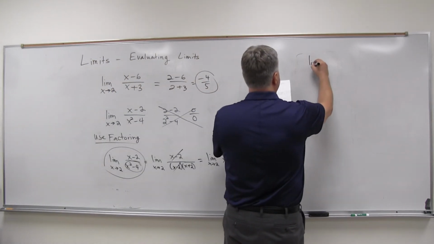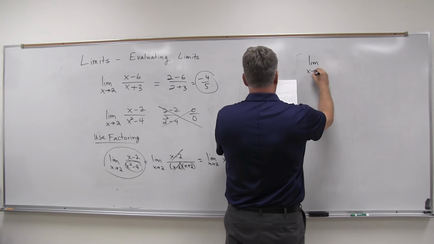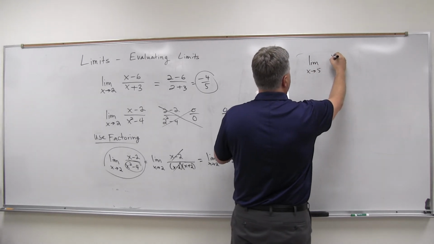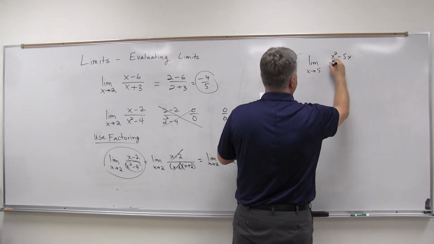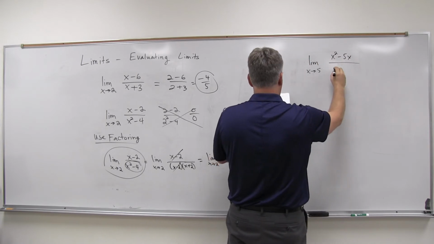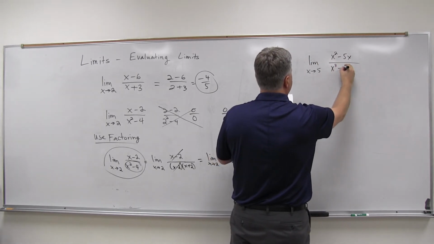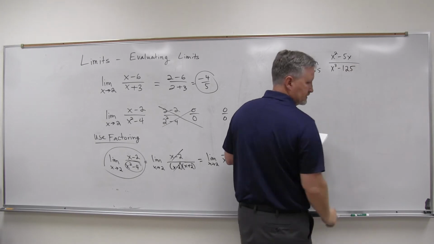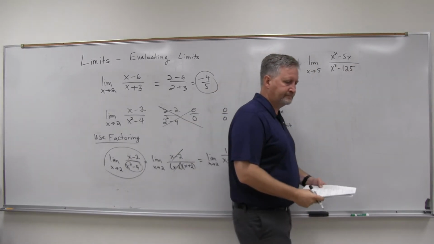All right, how about this one? What about the limit as x approaches 5 of x squared minus 5x over x cubed minus 125?